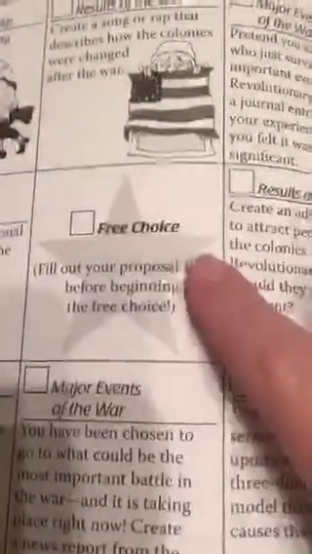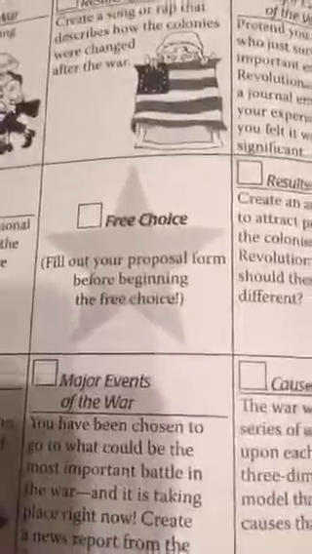But here are some of the updates that you're going to find. Many of my tic-tac-toe menus are based around 3 different topics. This menu uses causes of the war, major events of the war, and results of the war. One of the changes, and you'll notice that the original one had that too, but the original did not indicate for the free choice what topic that should be about.